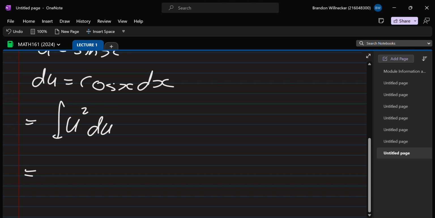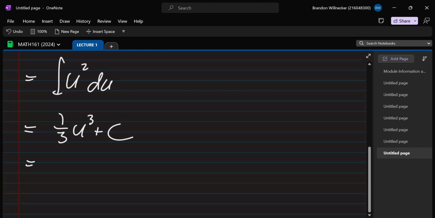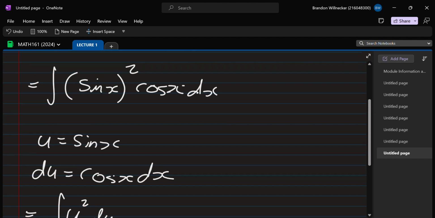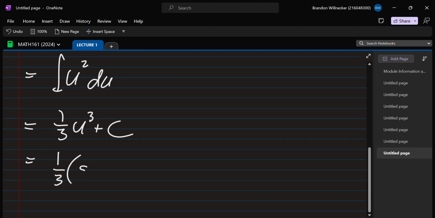Okay, plus 1 to the exponent makes it 3. Divide, we get 1/3. Sorry, plus c. So here we get 1/3, and we can keep the brackets like that. What was u? u was sine, so we can put sine of x cubed plus c.